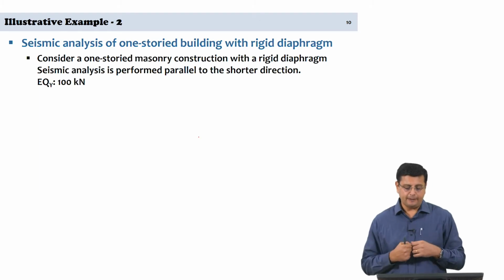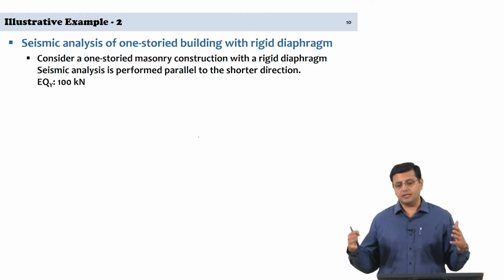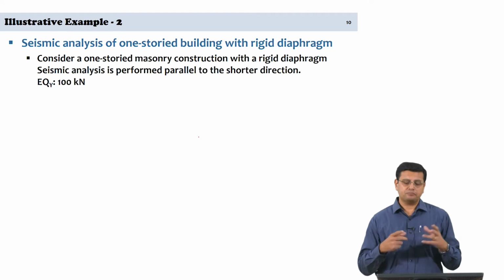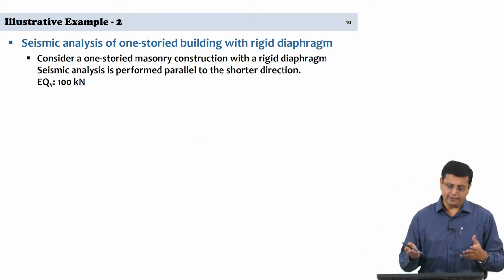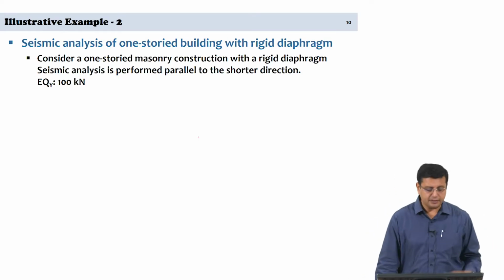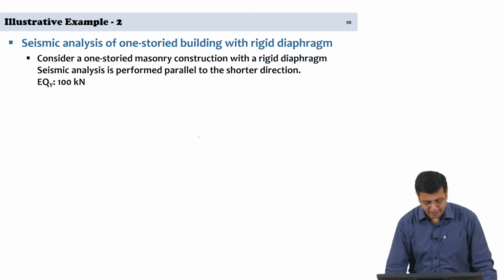When the length of the building is 3 times or more than the breadth, you could have conditions of a semi rigid diaphragm, and that cannot be treated in the way we are treating this particular case of rigid diaphragm action.